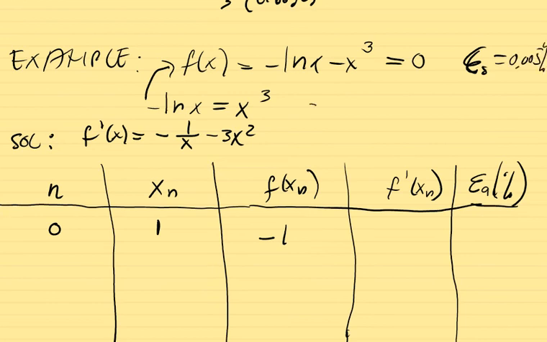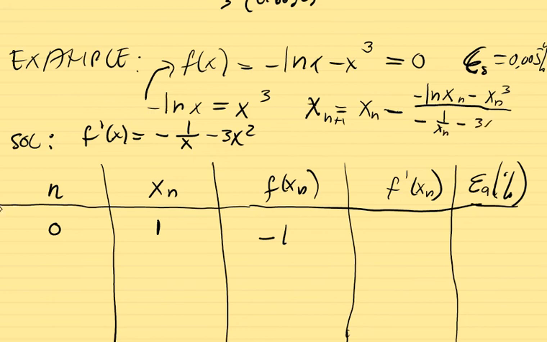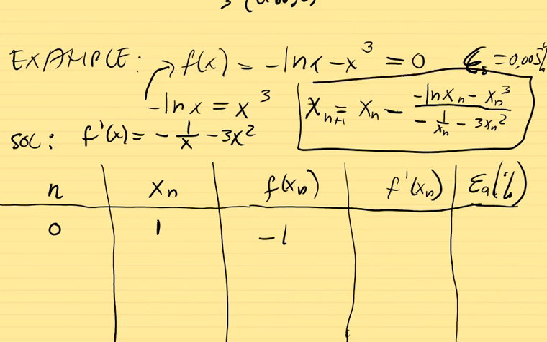Then our equation now: x(n+1) will be equal to xn minus f of xn, where f of xn is negative ln xn minus xn cubed, all over f prime xn, which is this one: negative 1 over xn minus 3xn squared. So this will be our guiding equation for solving this function.